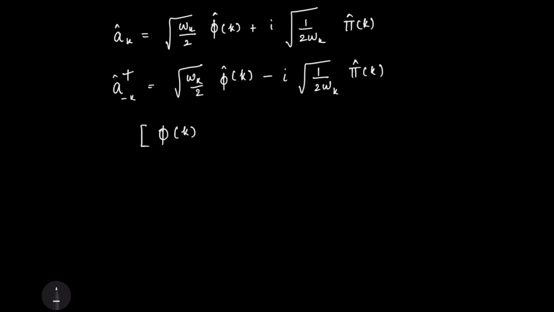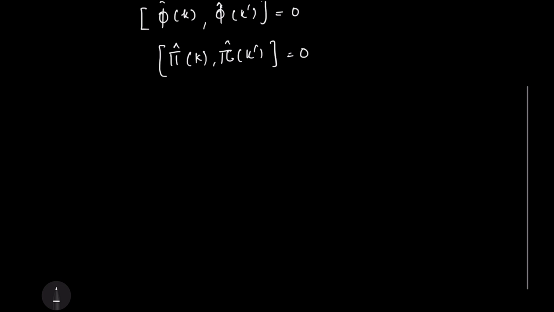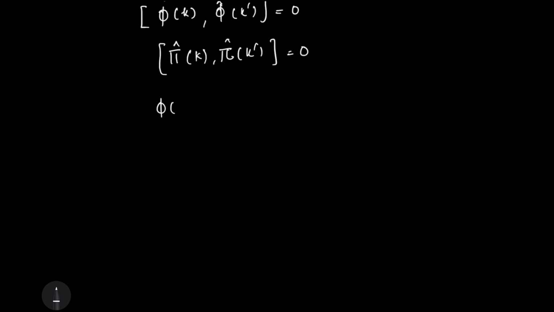The commutator of phi(k) and phi(k prime) is equal to 0, pi(k) and pi(k prime) is also 0, and we have obtained that phi(k) and pi(k prime) is equal to i delta cube (k plus k prime).